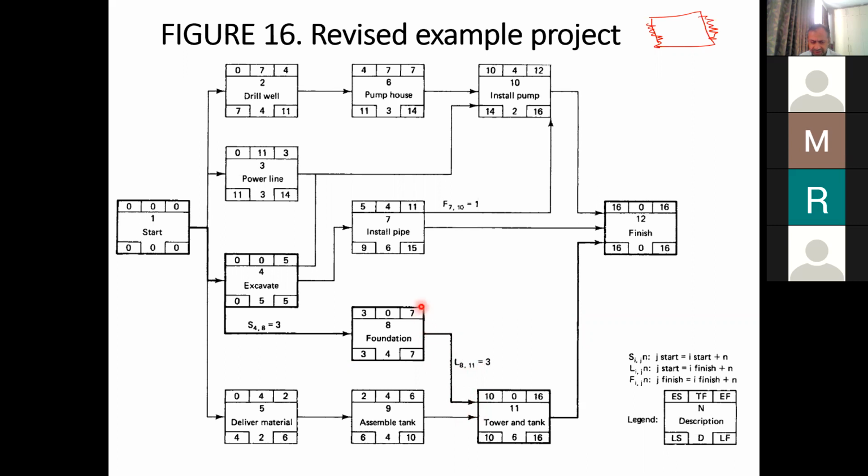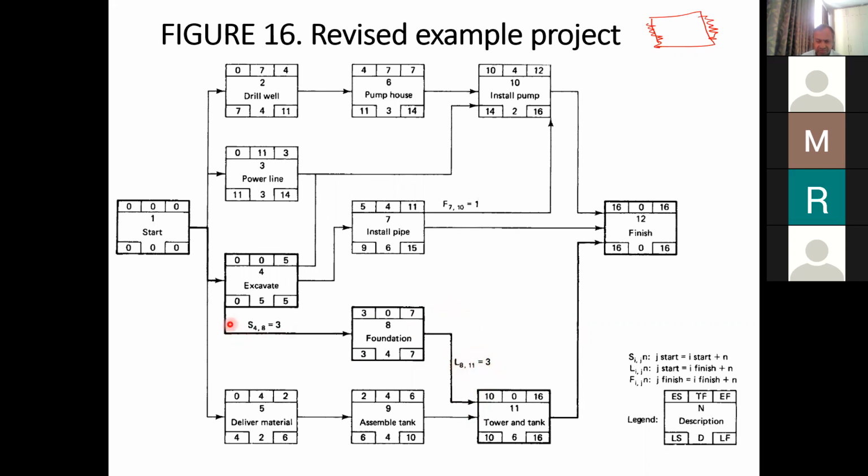You can see that this is the finishing edge of this box, and this is the starting edge of this box. So it is a finish to start relationship with a lag of 3 days. So 7, and then it will be 10 over here due to this lag relationship. So this was the second change.